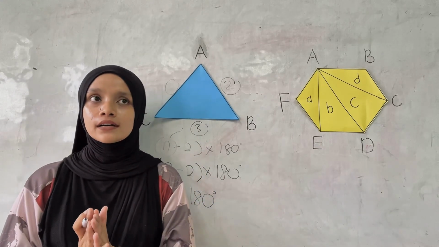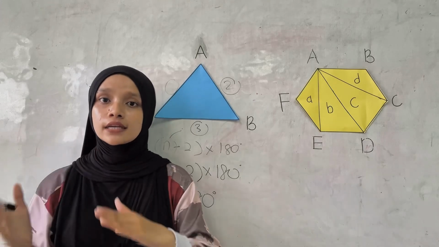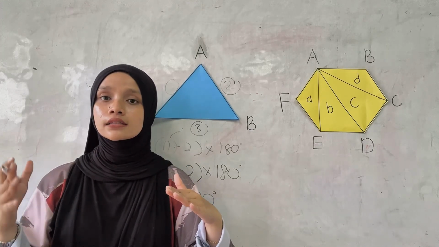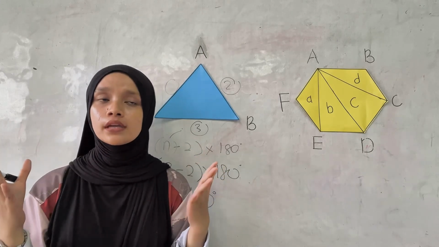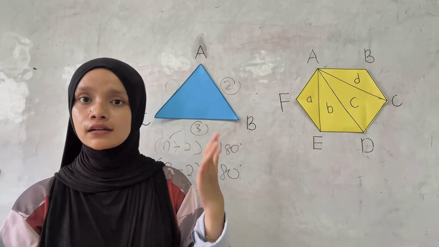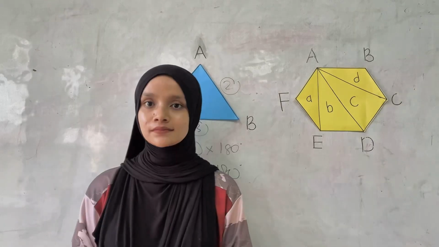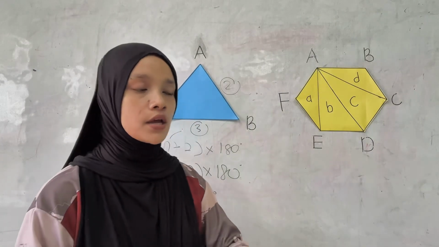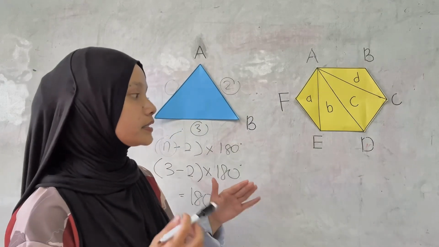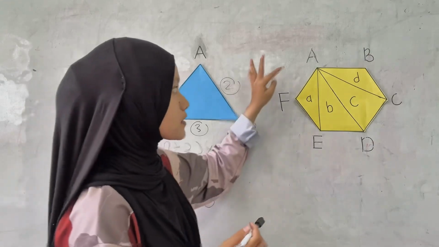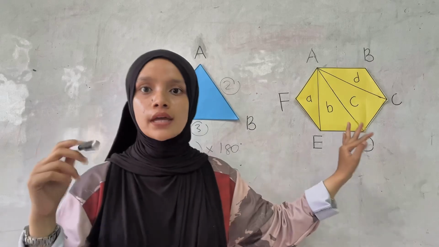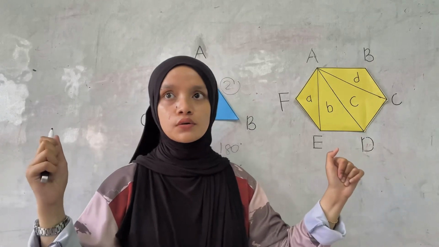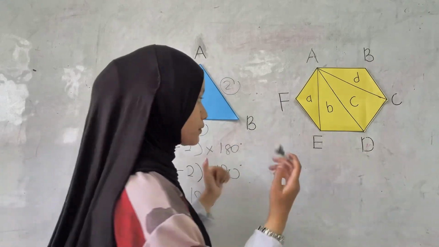So we are going to calculate the interior angle sum of the hexagon. How can we calculate it? Actually, we just need to put the number of sides of the hexagon into the formula to get the interior angles. So let's try.